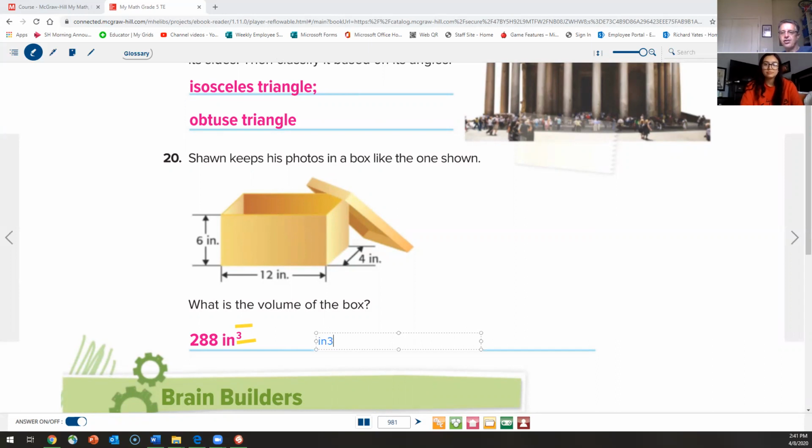It's a technology issue, so we can't do the exponent 3, but if you type it the way I just showed you on the screen, we'll know what you mean, and it'll count as okay. But if you leave it out, nope. So make sure that you put that little 3 in for cubic inches to show the volume. All right, I'm going to go ahead and move on down.